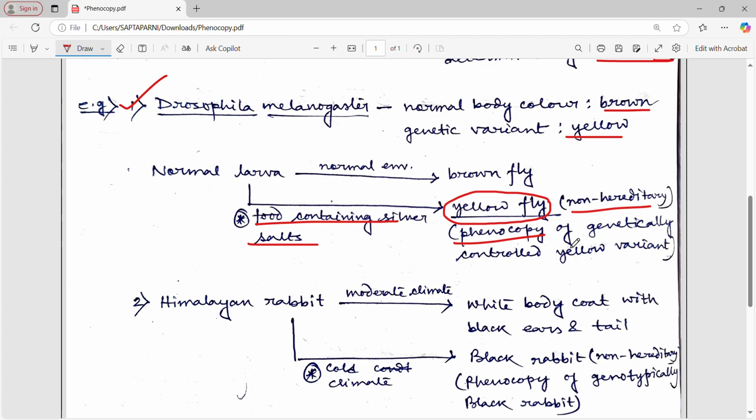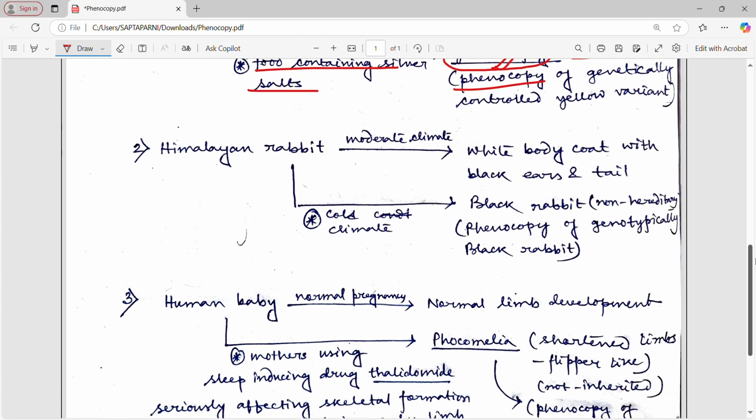Here the genetically controlled yellow one is the original phenotype and this yellow fly is its phenocopy, the original having a genotypic predisposition. Got it?